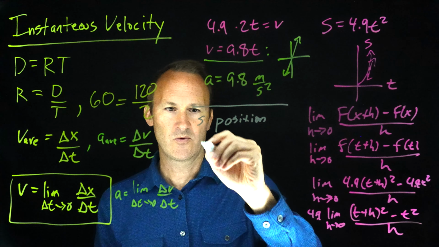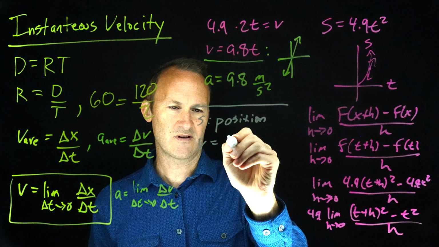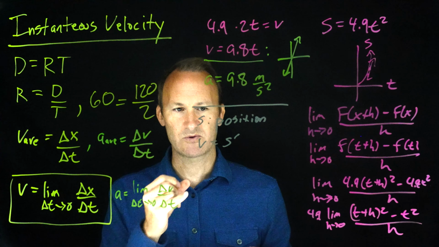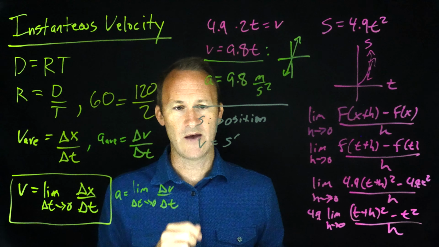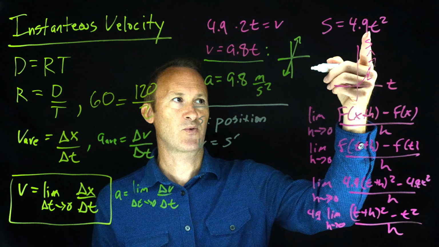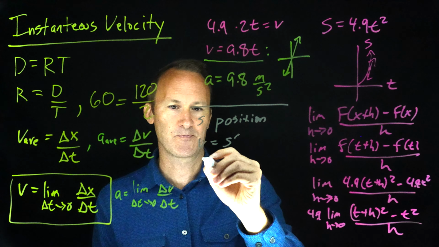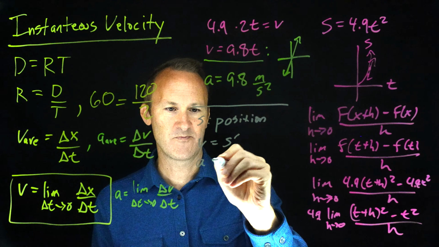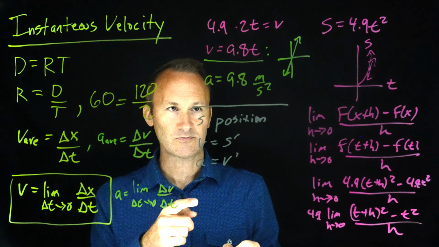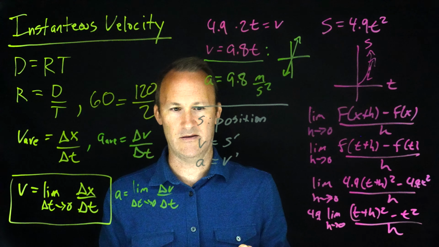Well, velocity is equal to, I'm going to use a kind of notation here, S prime. This is very similar to Newton's notation, which had a dot on top of it. And that means it's the first derivative of position. You start with 4.9t squared, you take the derivative, you get 9.8t for the velocity. Now acceleration is the derivative of velocity. We have our 9.8t, we take the derivative and we get 9.8.